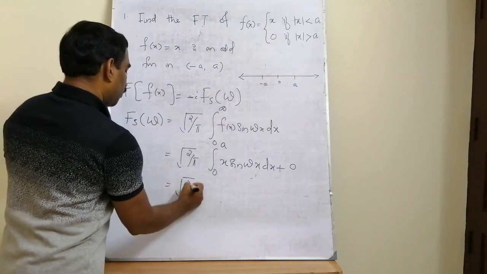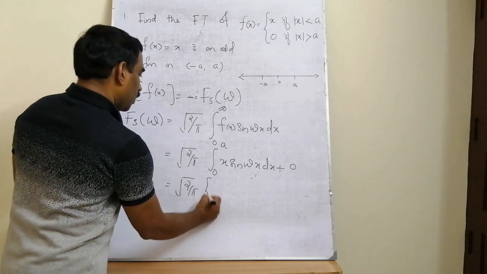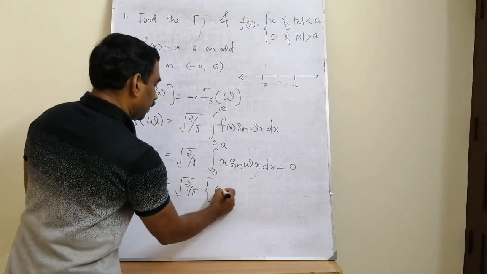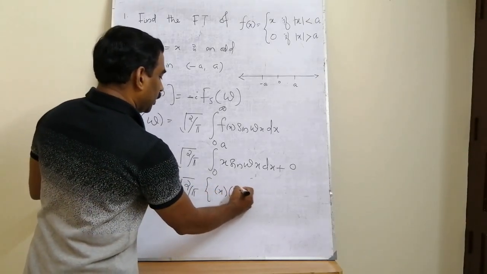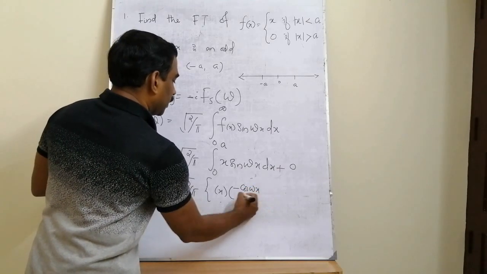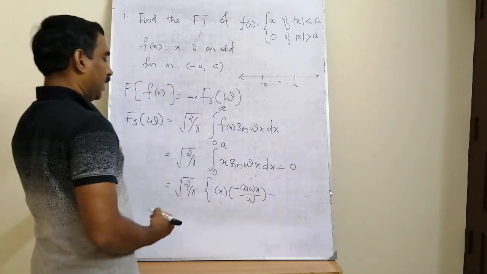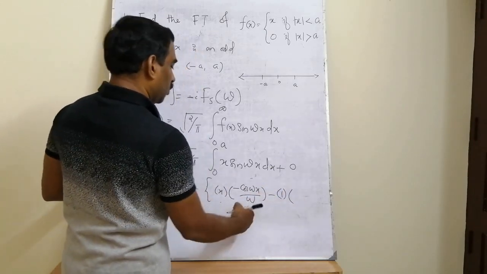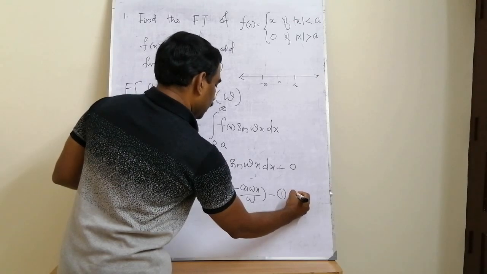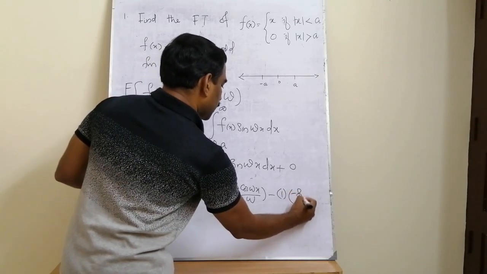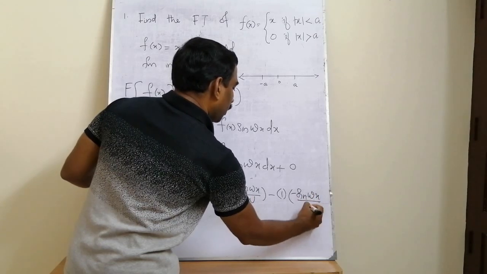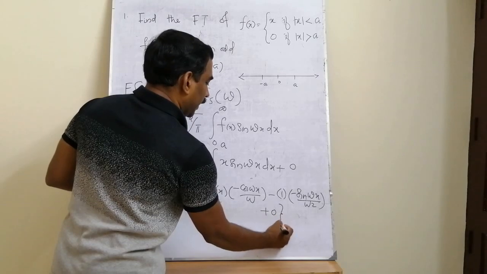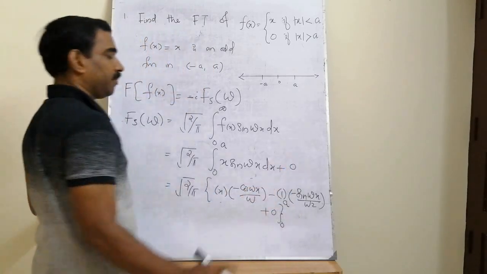This is equal to square root of 2 by pi. Applying integration by parts for the product x sin omega x, that is, the first function x into integral of sin omega x, that is minus cos omega x divided by omega, minus derivative of this first function 1 into integral of this, minus cos omega x by omega again, that is minus sin omega x divided by omega square, then plus derivative of this 1 is 0, and the entire expression is evaluated from 0 to a.